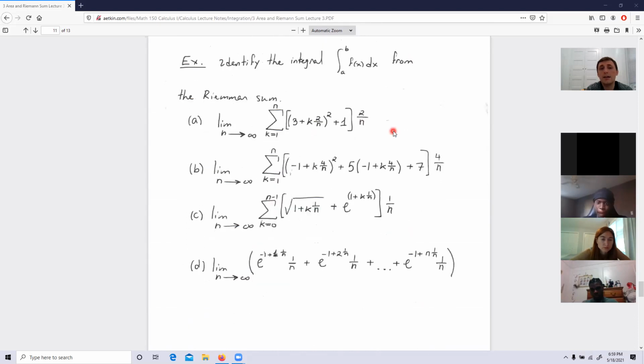And here, guys, exercises A through D, you have to look at this limit and tell me what integral it corresponds to. What would that look like in integral form, please?